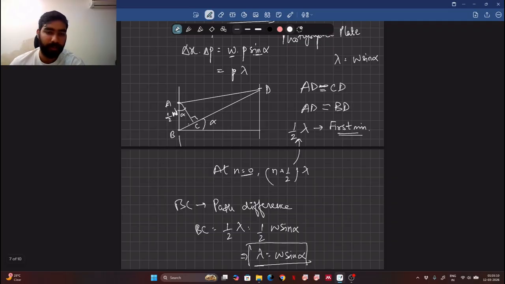So this path difference we are assuming as half lambda. This is the first minimum, and half lambda would be equal to BC. BC is half W sine alpha. Sine alpha is equal to BC upon half lambda. Sorry, half W.